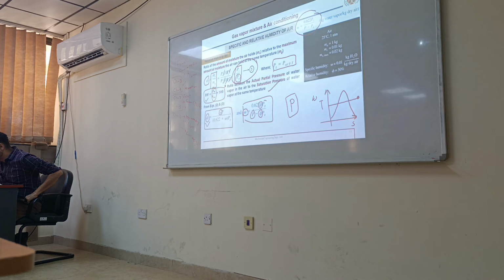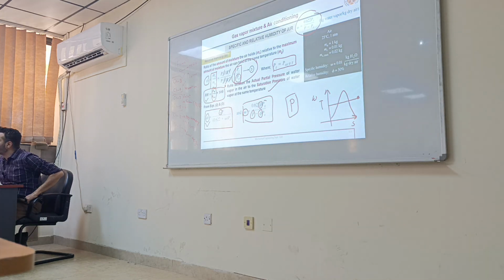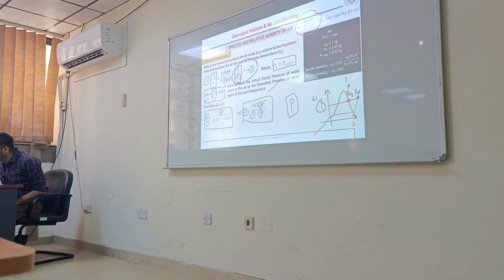For example, this is the actual water vapor pressure, this one, at the same temperature. And this is the Pg. This is Pw, this is Pws, saturation. Okay, the same is also represented by Pg.